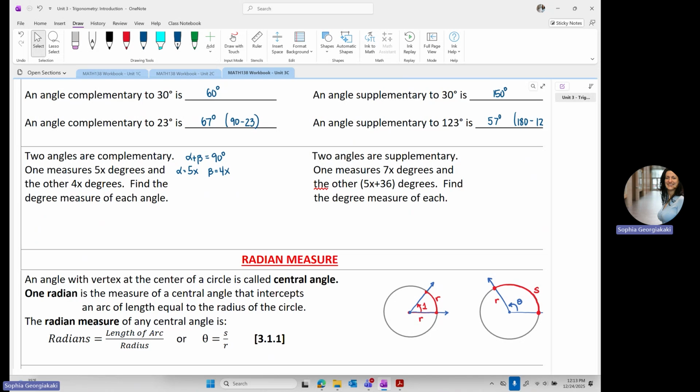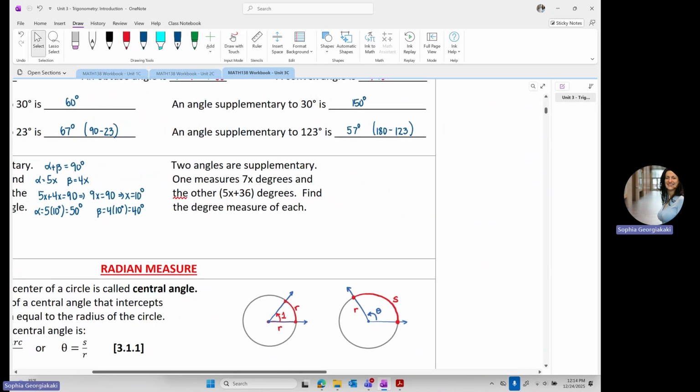If I substitute 5x and 4x in the equation at the top, I will get 5x plus 4x equals 90, which makes 9x equal to 90, which makes x equal to 10 degrees. And therefore alpha will be 5 times 10 degrees, that's 50 degrees, and beta will be 4 times 10 degrees, which is 40 degrees.